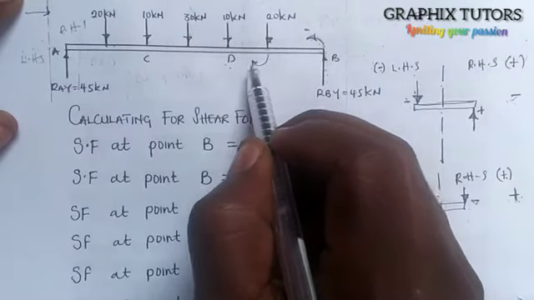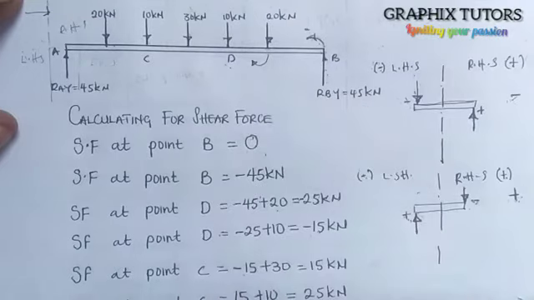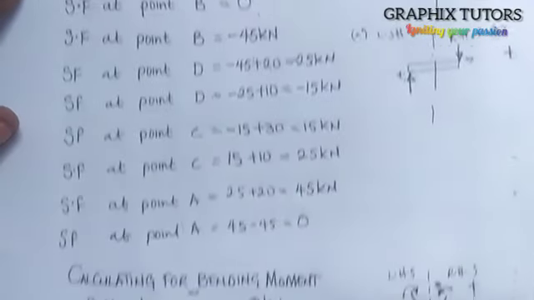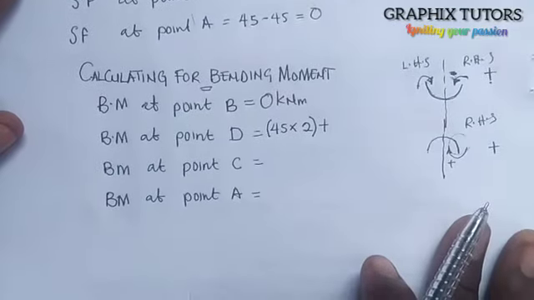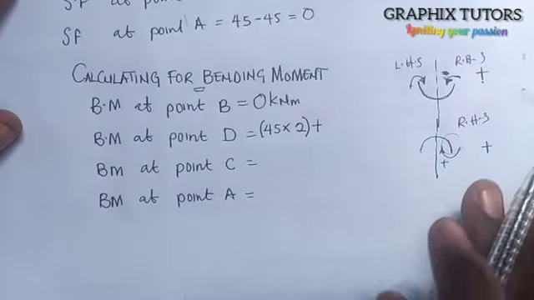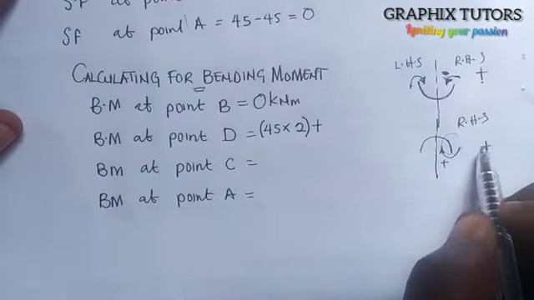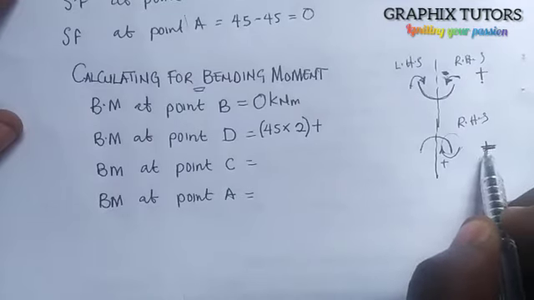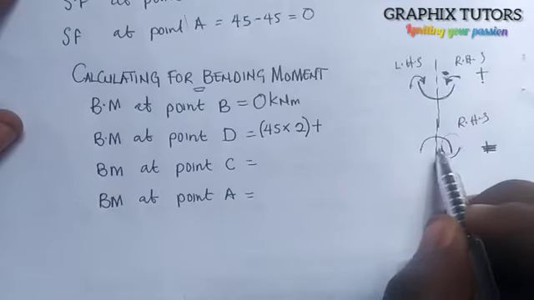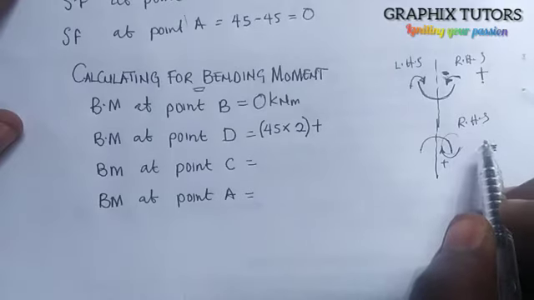D. What do you notice? It's going clockwise at the right hand side. And I said whenever it's going clockwise at the right hand side, bending moment is what? Is negative. Are you with me now? When it's going clockwise at the right hand side, bending moment is what?